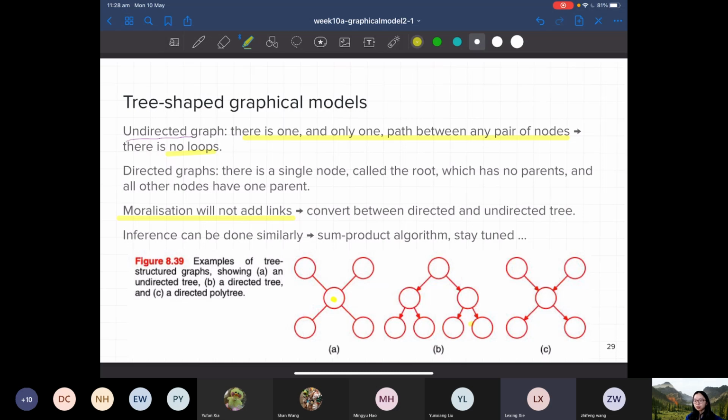For example, in this second graph, if we want the marginal of this node, we again figuratively turn this into an undirected graph, take this node and shake it, making all the other nodes dangle next to it.